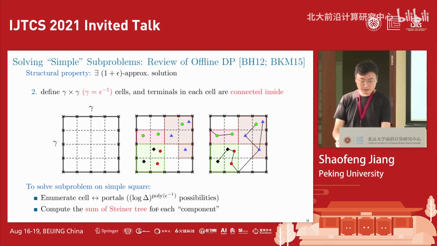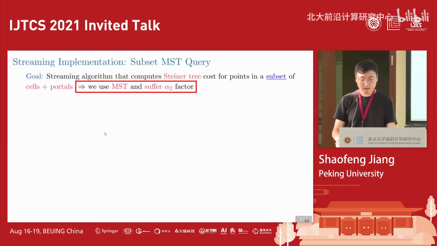And the second step is to compute the sum of the Steiner tree for each component. However, as I said, this Steiner tree is quite difficult because of the Steiner points. So I replace each Steiner tree with the MST, and we suffer this alpha 2 factor.